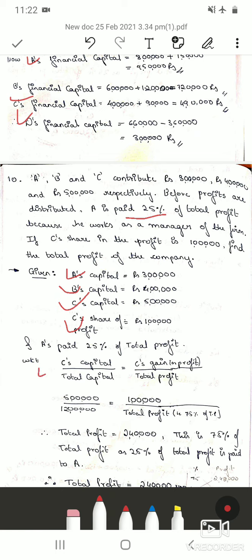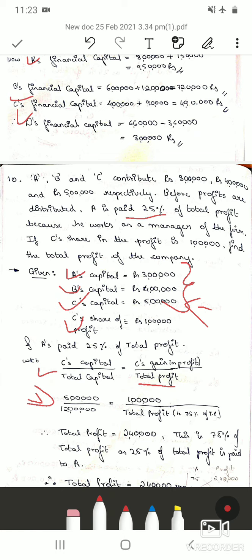Now we know that C's capital by total capital is equal to C's gain or profit by total profit. So we have to find out this total profit. The rest three terms are known. C's capital is 5 lakh rupees divided by total capital, which you get by adding A's capital plus B's capital plus C's capital, which is 12 lakh rupees, and they have given C's profit, which is 1 lakh rupees.